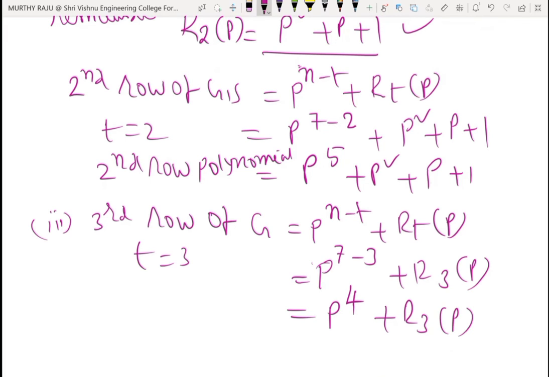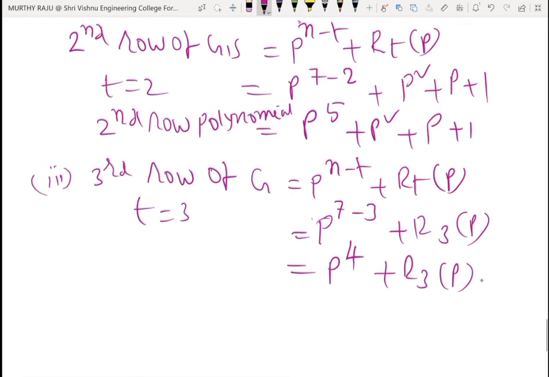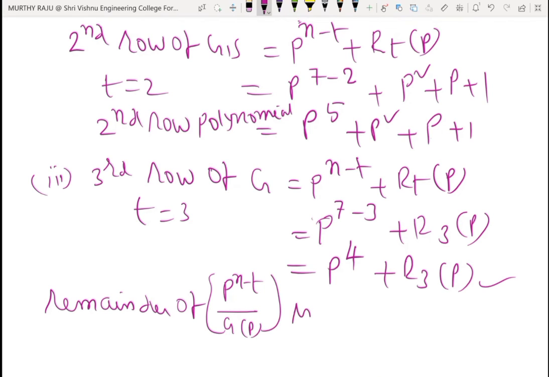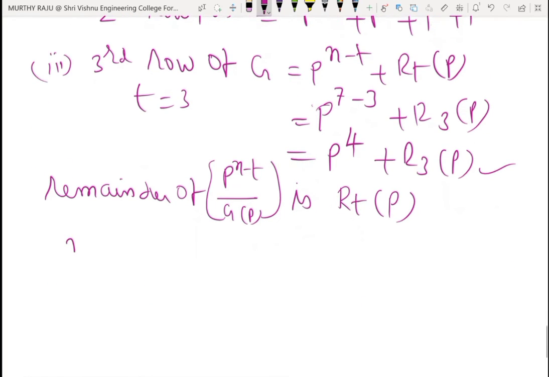How will we get this R3 of p? It is the remainder of p power n minus t divided by g of p, which is RT of p. Here n is equal to 7 and t is equal to 3.